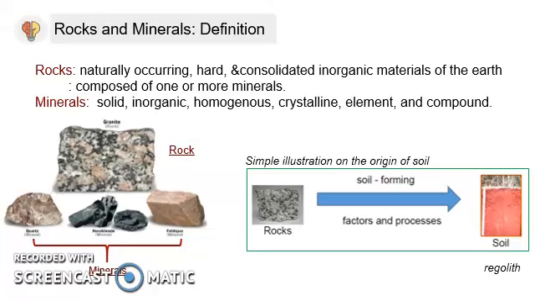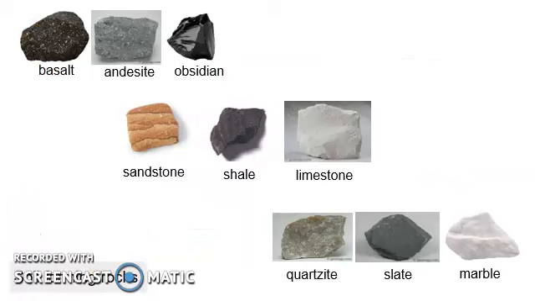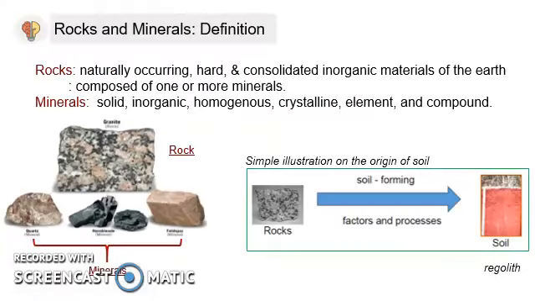It is composed of one or more minerals. While minerals are solid, not gas or liquid, inorganic, homogeneous, crystalline, and composed of one element or more than one, which is called a compound.